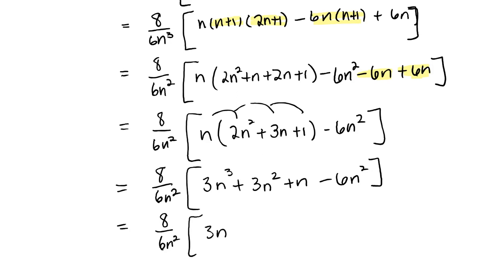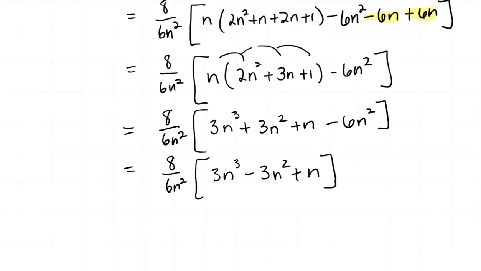Got 3n cubed minus 3n squared plus n. Now I'll get rid of the parentheses altogether and distribute this 8 over 6n squared. And I can go ahead and reduce that to 4 over 3n squared before I multiply.